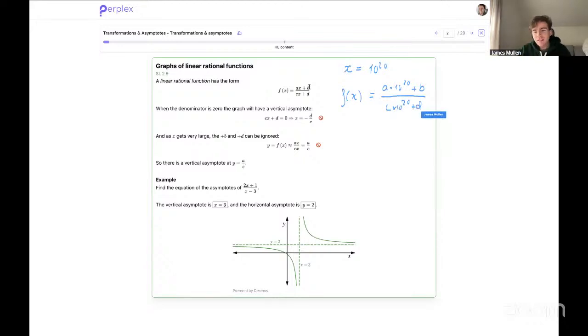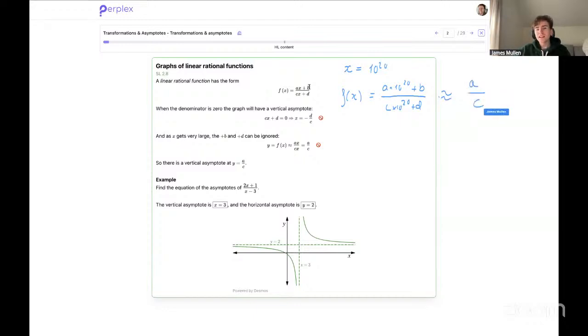And obviously, b and d could be pretty big. But the point is, I can always choose an x that's big enough to make b and d absolutely tiny compared to a times 10 to the power of 20 and c times 10 to the power of 20. And basically, for a very large x, this is just going to be approximately a over c.